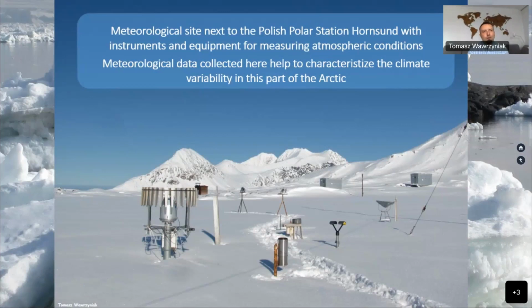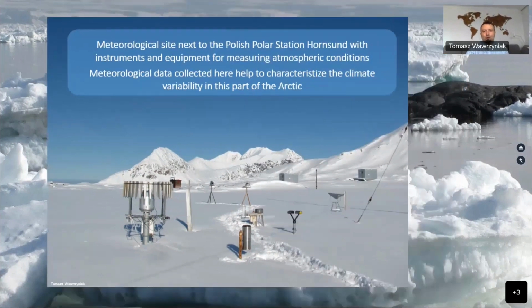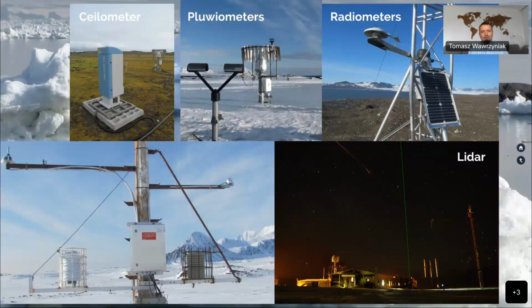So it gives us the information about the climate change in this part of the world as it is continuous. And I told you that long-term observations are needed to understand how the climate behaves and how it changes. There are multiple instruments such as ceilometer.